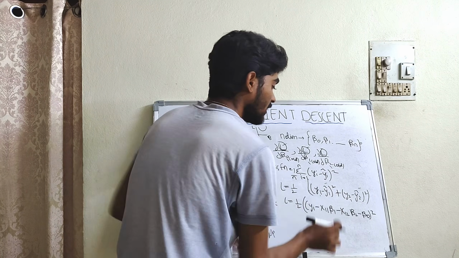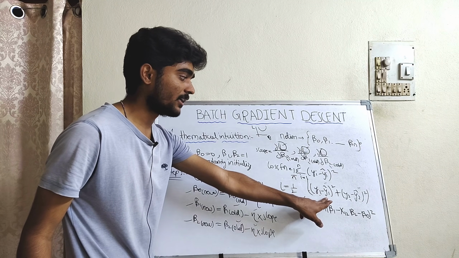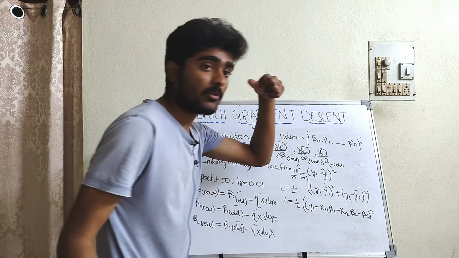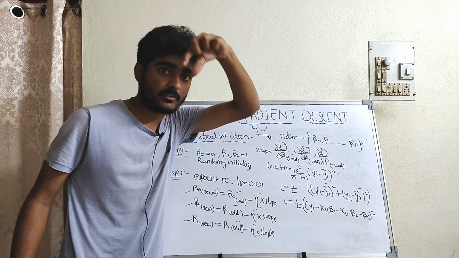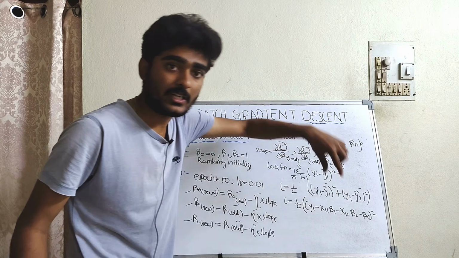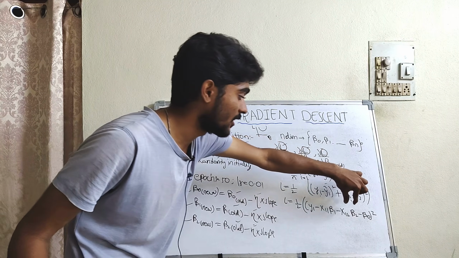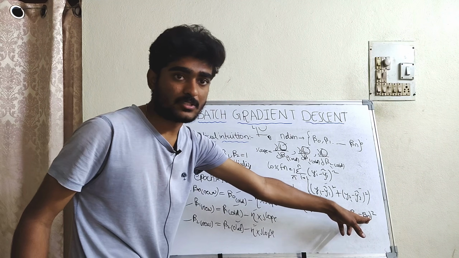What I am doing is just expanding this y1 hat. What data points do we have in our first row? x11 and x12. Corresponding to x11 we have the beta 1 weight, and corresponding to x12 we have the beta 2 weight. I'm also adding the bias term over here.